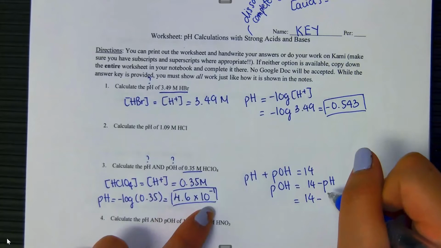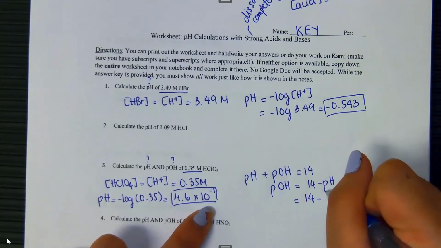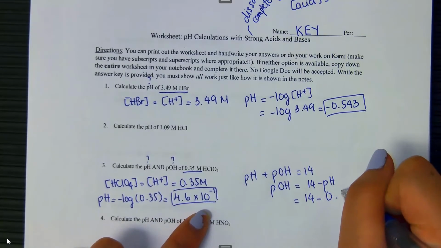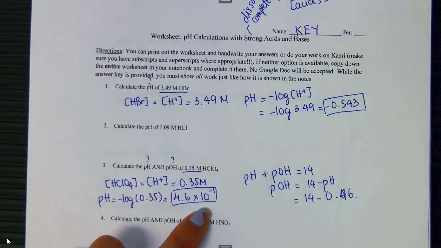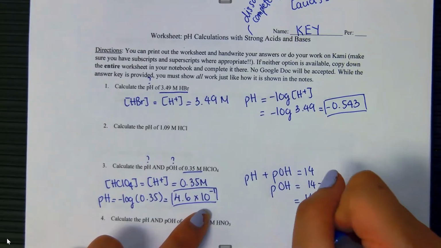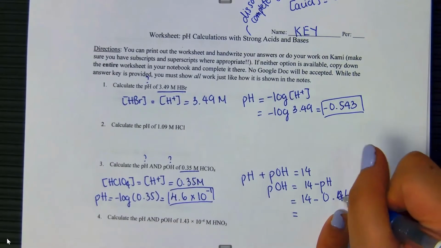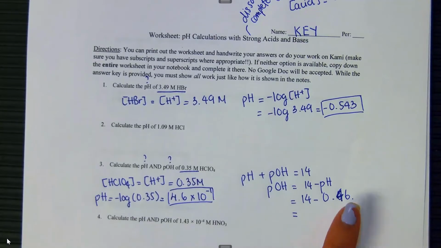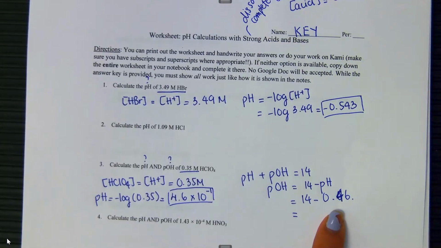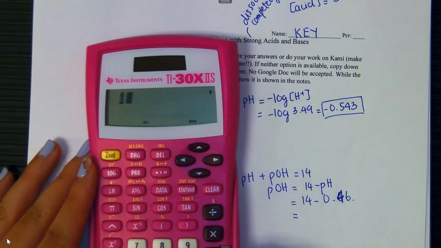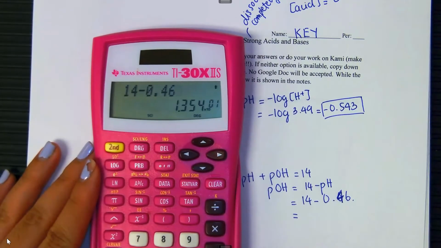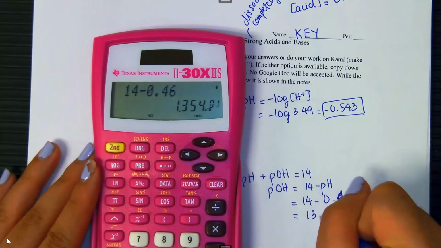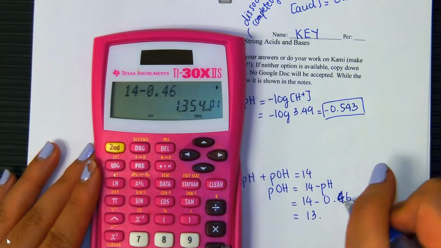Instead of using scientific notation, I'm going to use 0.46. This makes it easier for me to count significant figures. So 14 minus 0.46 is going to be 13.54.